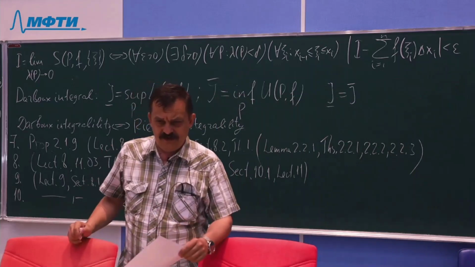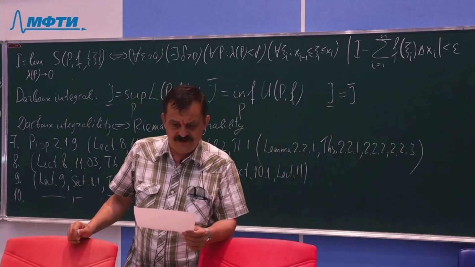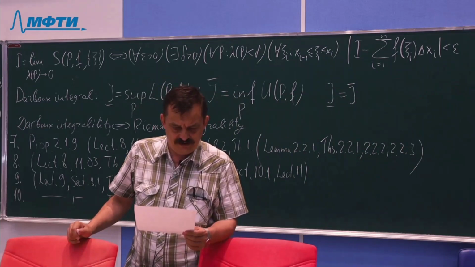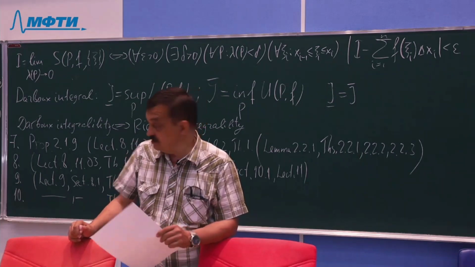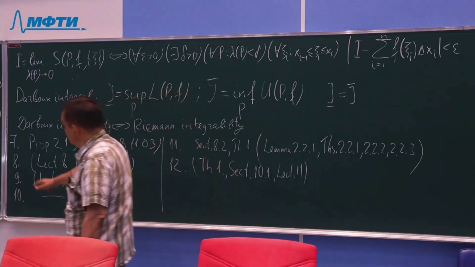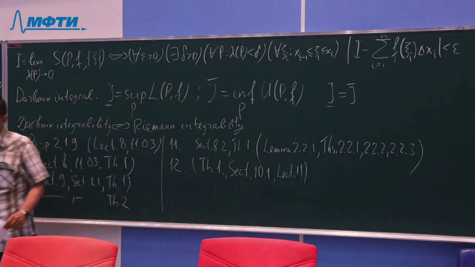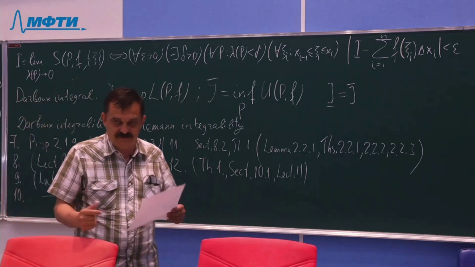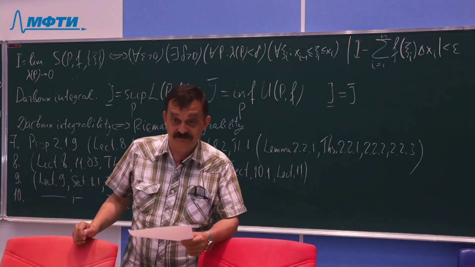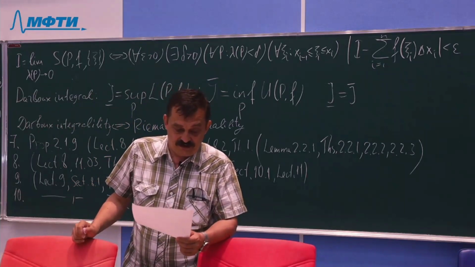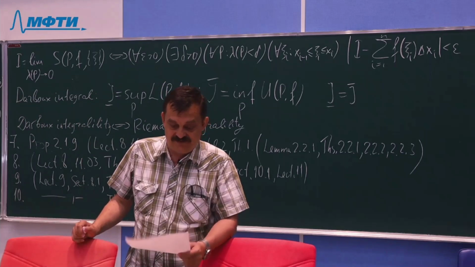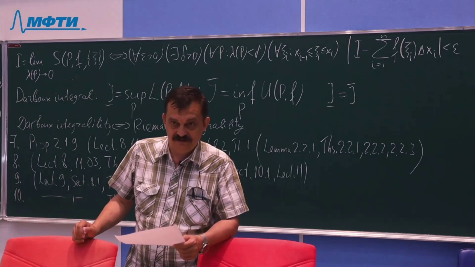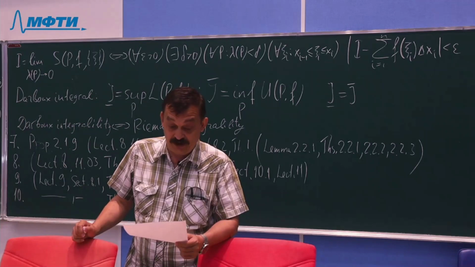What is the difference between questions 5 and 13? Question 5 is about integration by parts and substitution formulas for indefinite integral to find primitive, right? And question 13 is about definite integral. And in fact, the proofs are quite different.